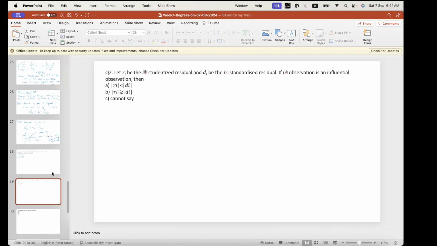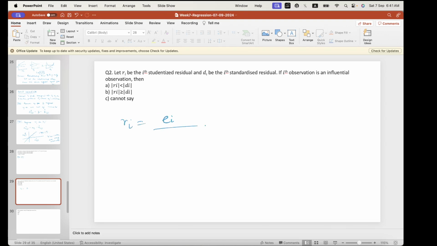So, let Ri be the ith studentized residual and Di be the ith standardized residual. If i is an influential observation, then Ri less than Di, or Ri greater than or equal to Di, or we cannot say. So, let me first write down Ri.